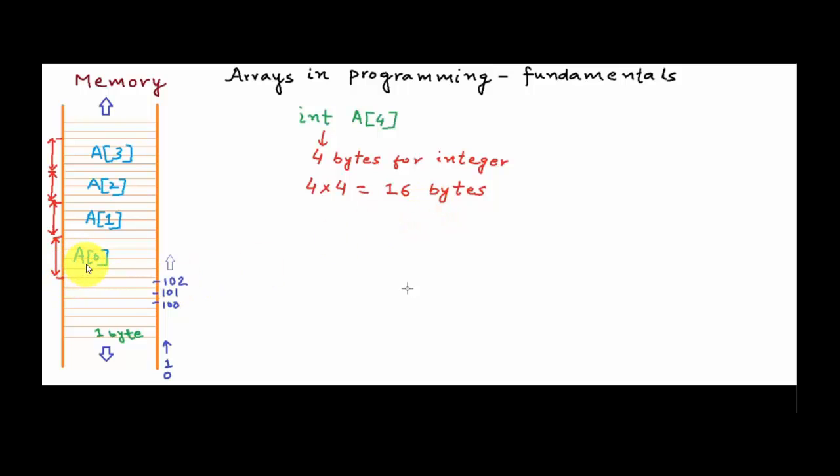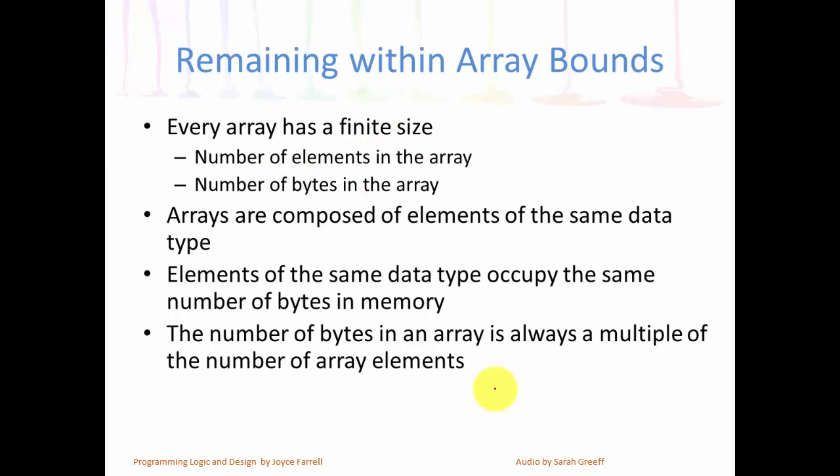Here, the position at subscript 0 of our A array is going to have 4 bytes. Subscript 1 for array A is going to be 4, and likewise 4 for subscripts 2 and 3. So it will be 16 bytes in total for our int A array with size 4.